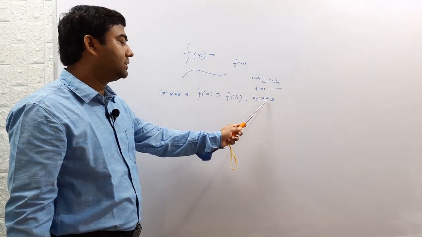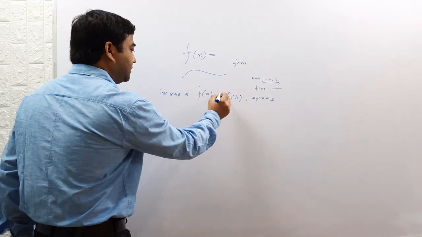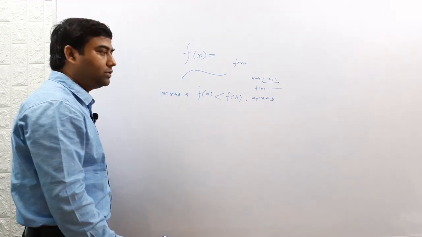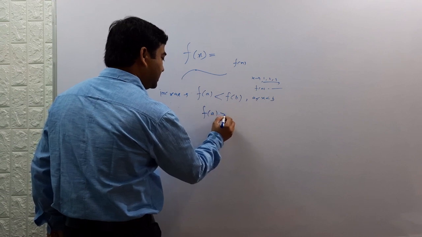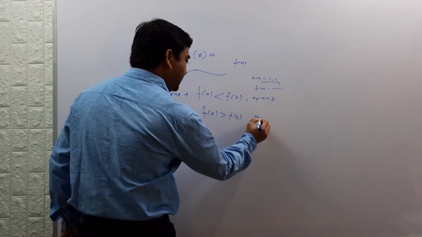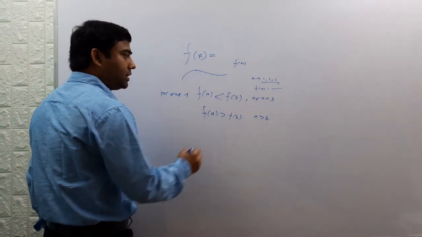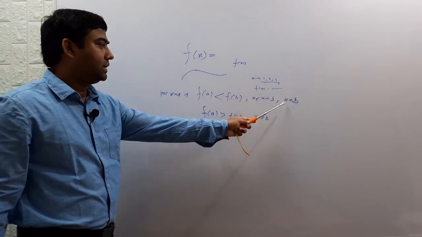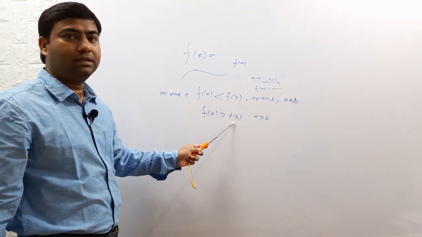Between this range, f(b) is greater than f(a), which means it increases with increasing value of x. And if a is less than b, f(a) is less than f(b). If a is greater than b, f(a) is greater than f(b).